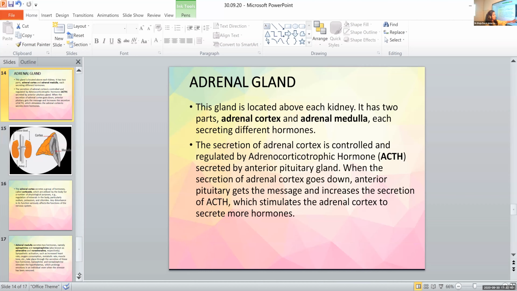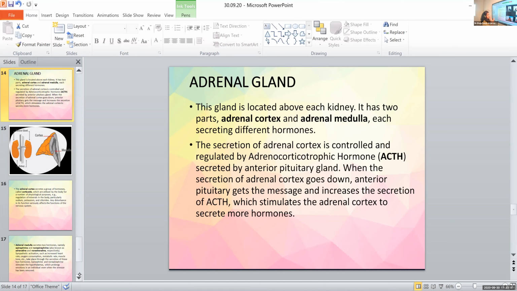In the thyroid gland we saw the pituitary produces TSH, TSH stimulates the thyroid gland, and the thyroid gland produces thyroxine. Similarly, here the pituitary gland produces ACTH instead of TSH, which is adrenocorticotropic hormone. Note that down: adrenocorticotropic hormone, ACTH.